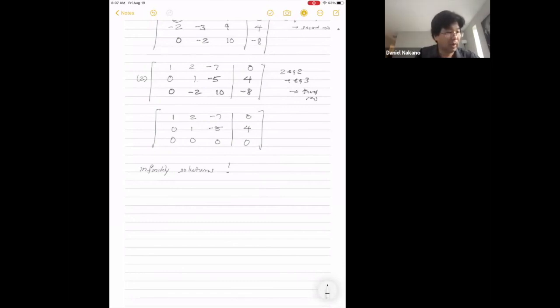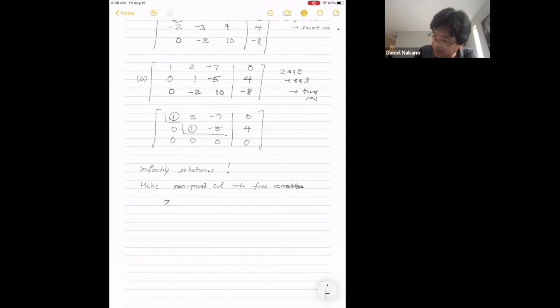And now what I want to do is back substitute. So here's a pivot, and presumably here's a pivot too. So in order to back substitute, you make the non-pivot columns into what are called free variables.